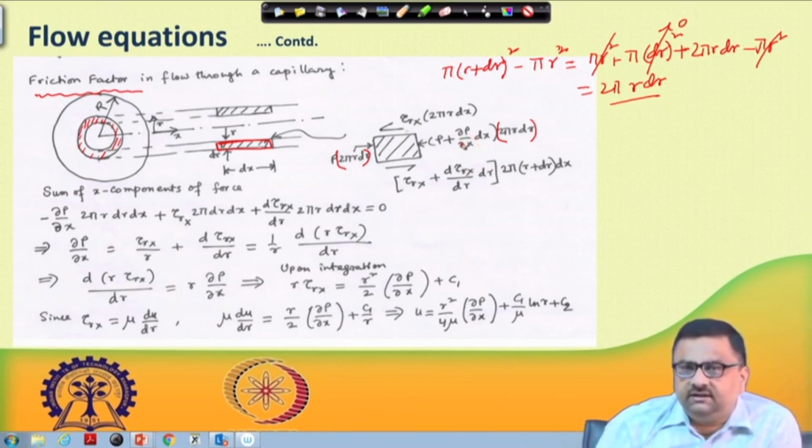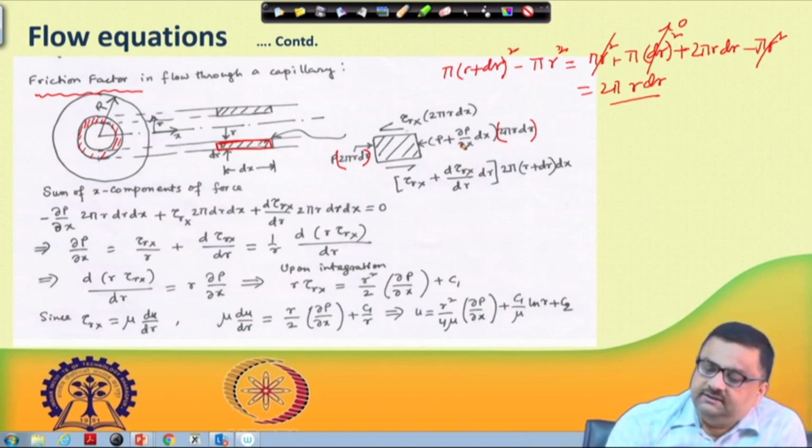What are we essentially doing here? We are taking a Taylor series expansion. We are considering this length is dx.